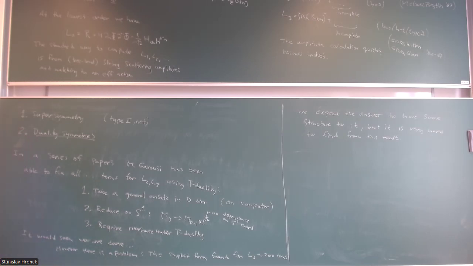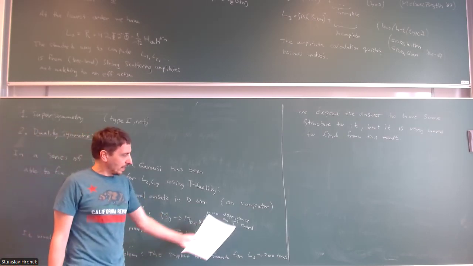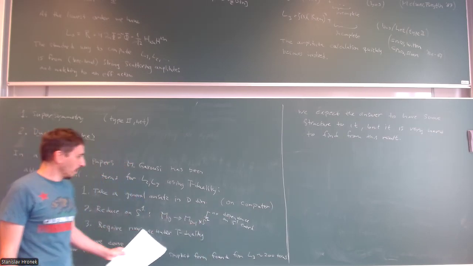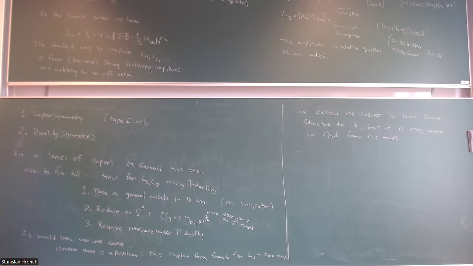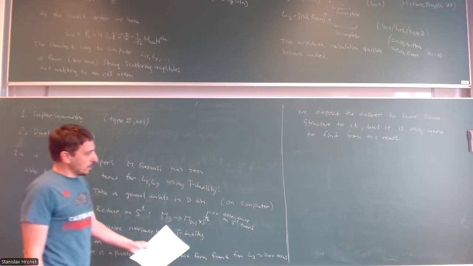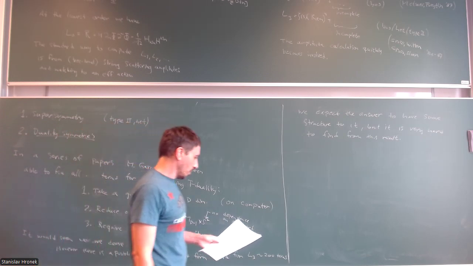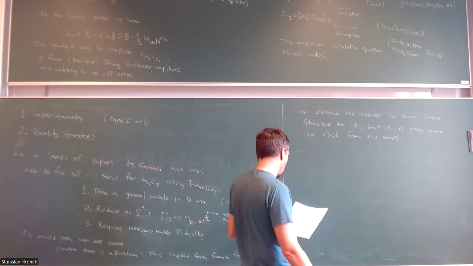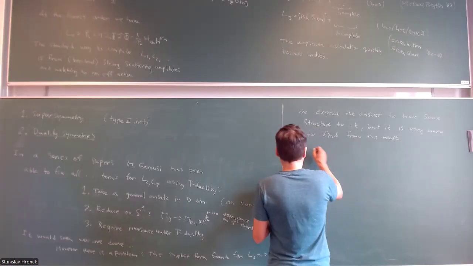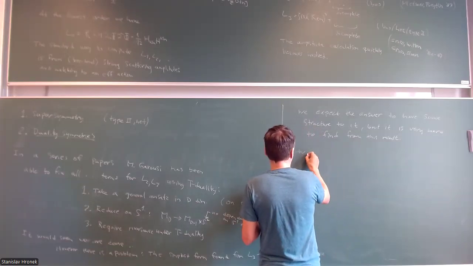You don't have any insight into what's going on in the intermediate steps of the calculation, because that's done on the computer. So you don't really know how you should structure the result at each step. So we want to do something where we don't rely on a computer, where we can recognize some kind of structure. So we will take a different approach, which is still closely related.